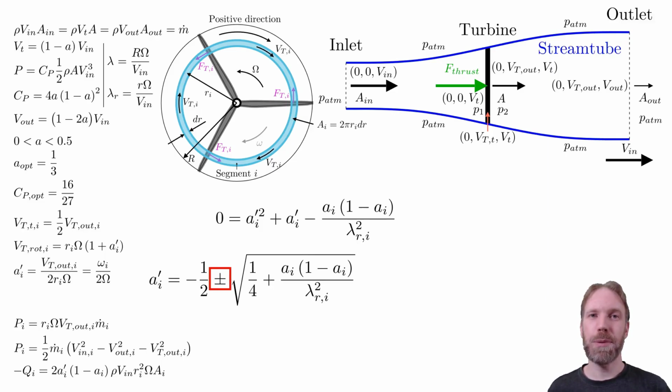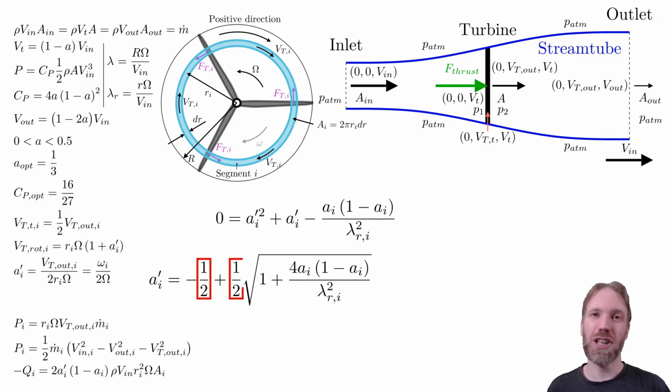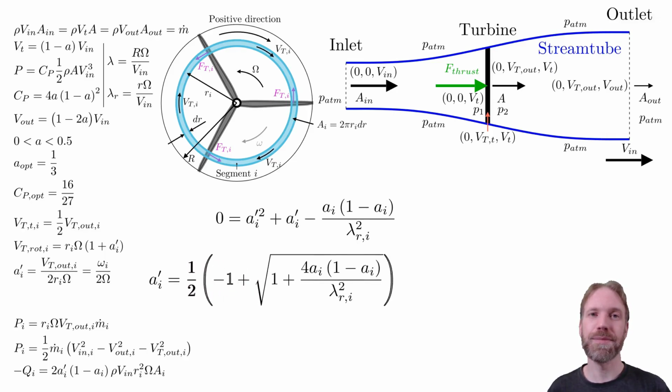As A' should be positive, the true solution should be with a plus sign. Let us rewrite the answer a bit. Multiply by 4 and place 1/2 outside the square root. 1/2 is the common factor. Let us save this one.